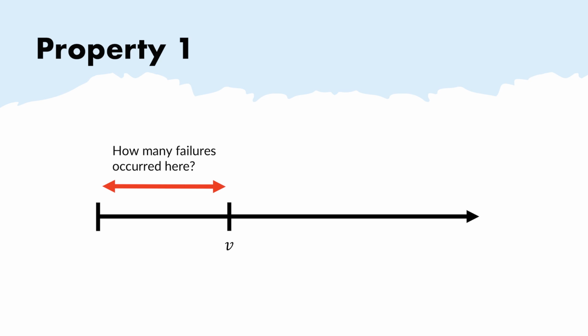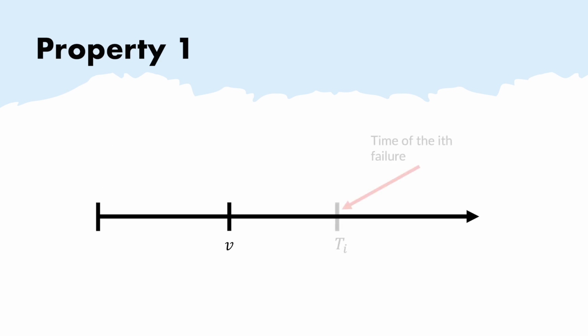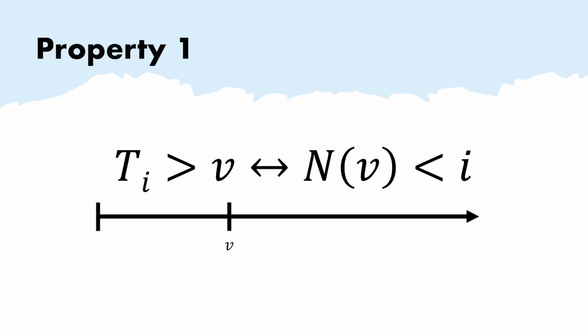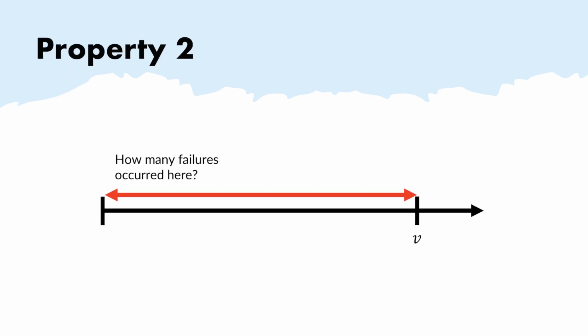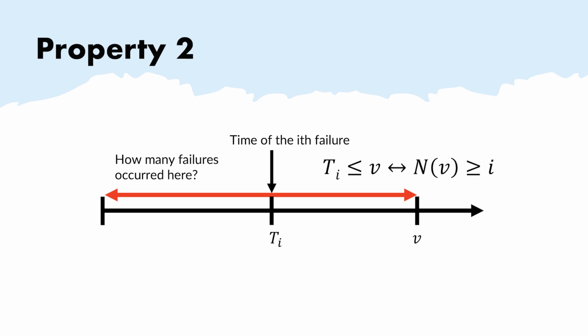If I know that a failure has occurred afterwards, then I know failure E, then I know that the number of failures that occurred before the V has to be smaller than E. But what if my V, my specific time that I'm interested in, happens after the failure E? Then in that case I know that I will have either E failures or more than E failures.